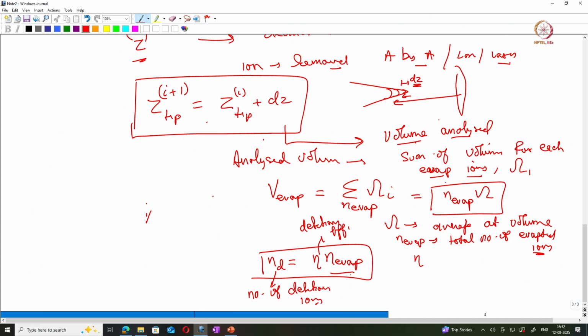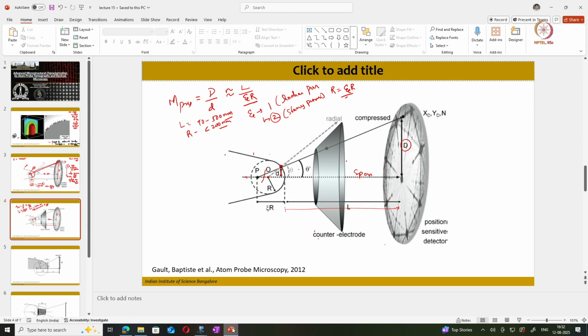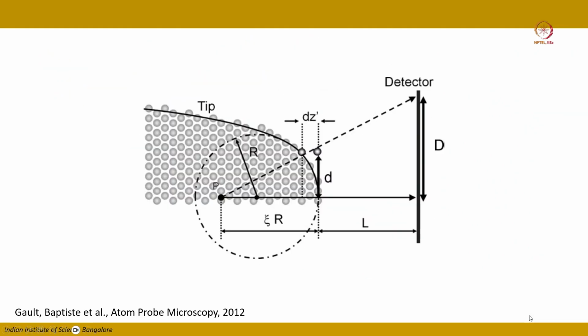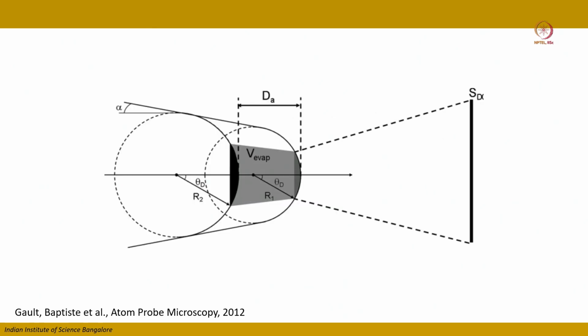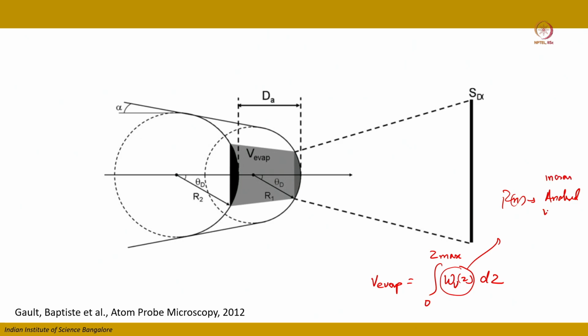So the analyzed volume can be related to the geometry of the specimen. Here V EVAP equals the integral from 0 to Z max of W(V,Z) dz. This W is a function describing the increase in the analyzed volume of the specimen as the specimen is field evaporated.